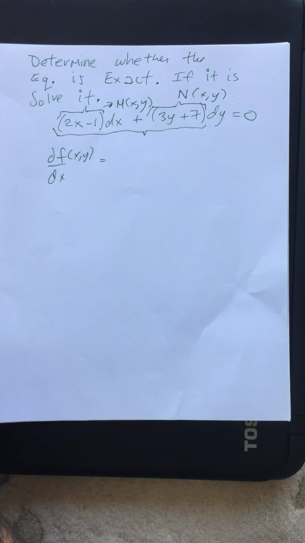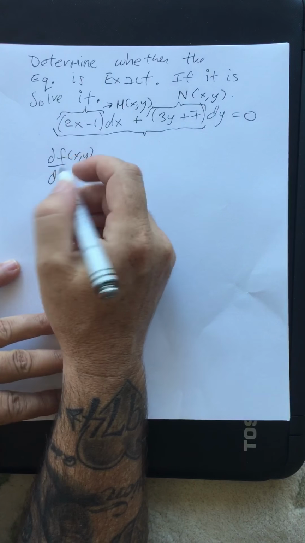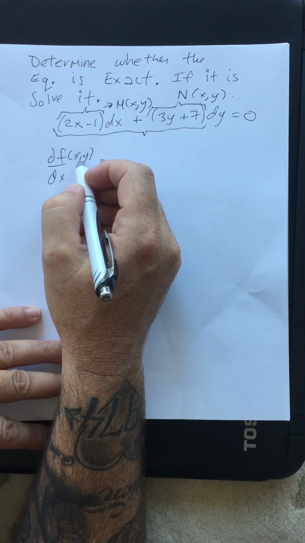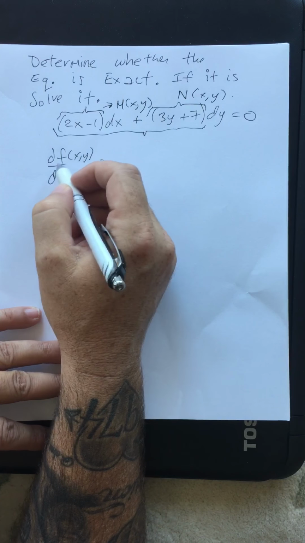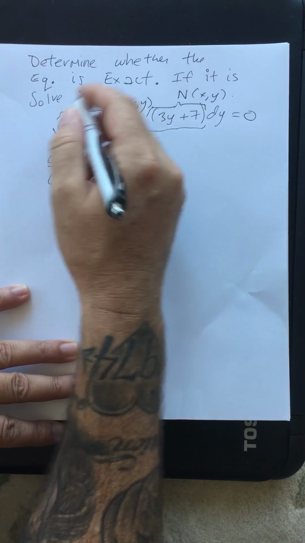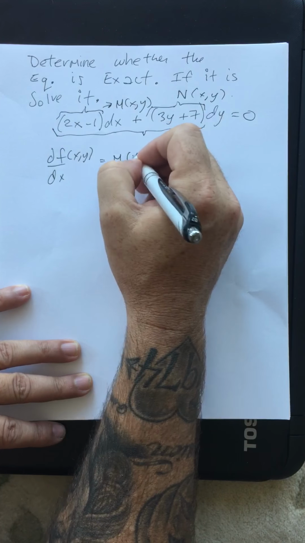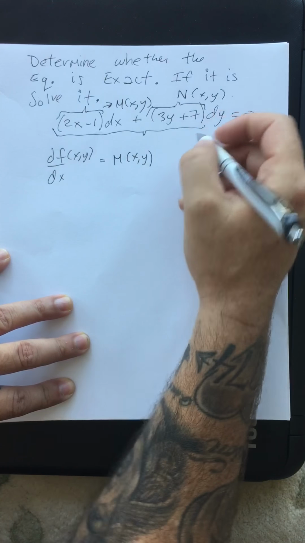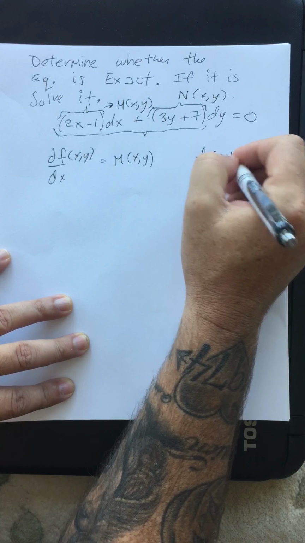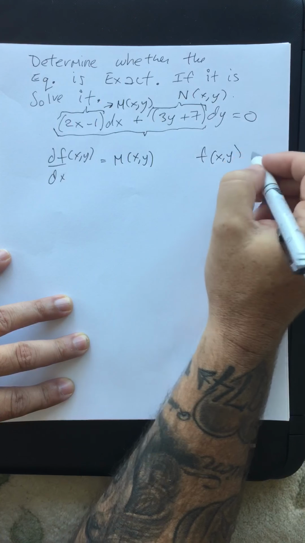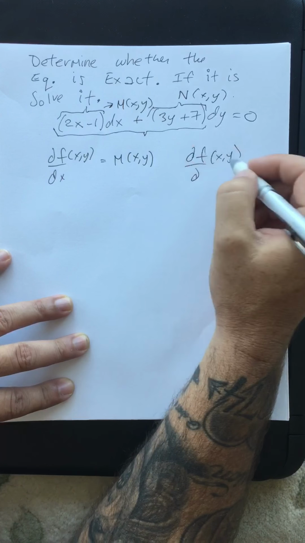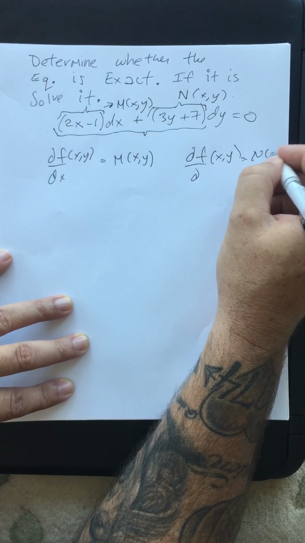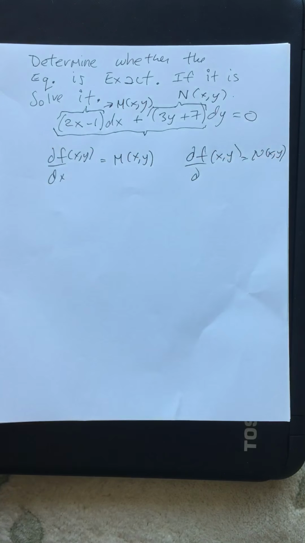So if you take the derivative of a function of x, y with respect to x, you will get this M(x,y). Likewise, if they're exact and you take the derivative of the same function with respect to y, you will get N(x,y). So we're trying to find this mysterious function.